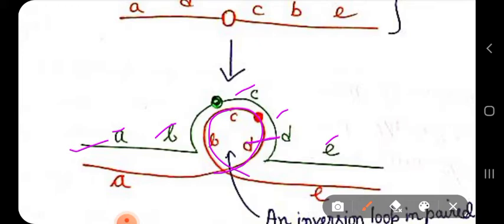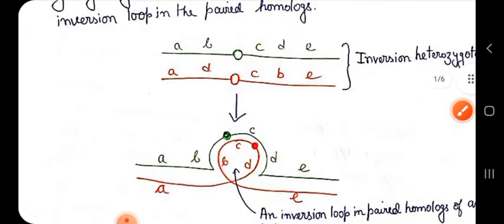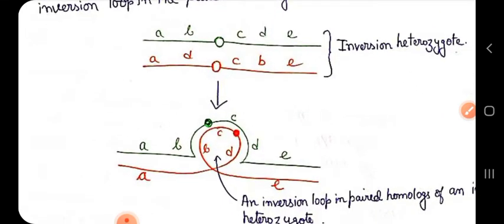You can see they are trying to align themselves with their homologue, and that's why the loop-like structure is observed. So in the case of inversion heterozygote, it is possible to detect it cytologically, because you can see a characteristic loop-like structure trying to pair with its homologues.